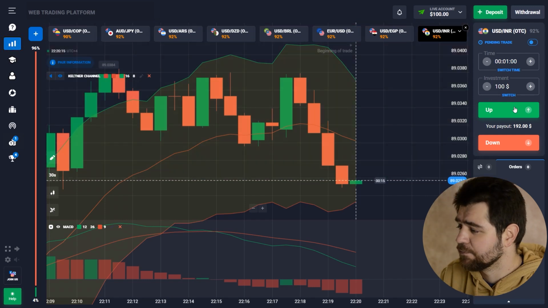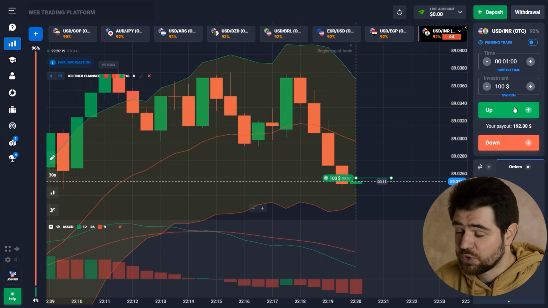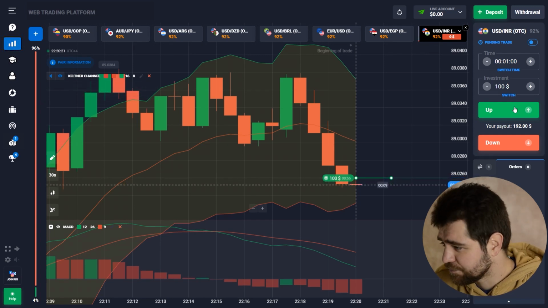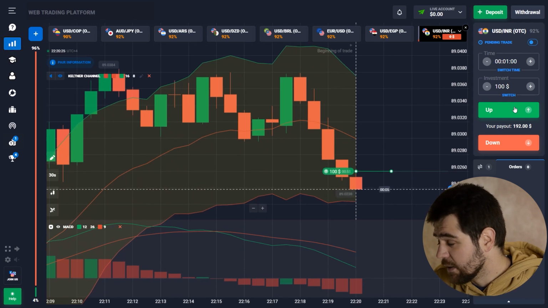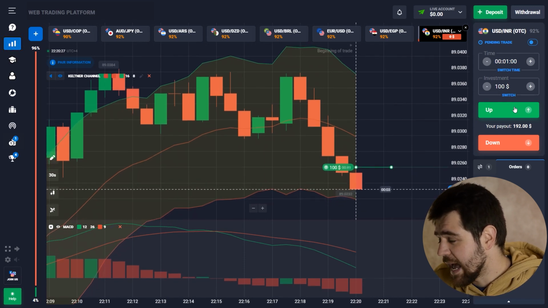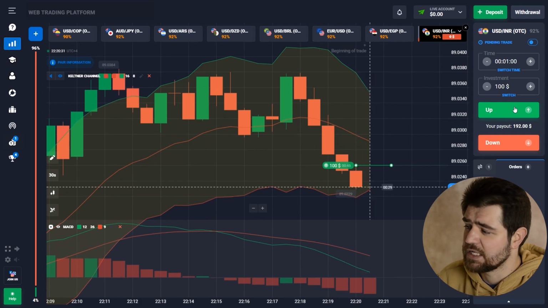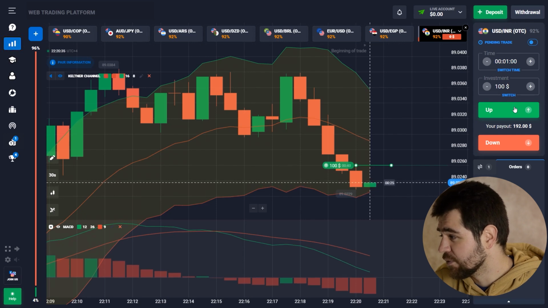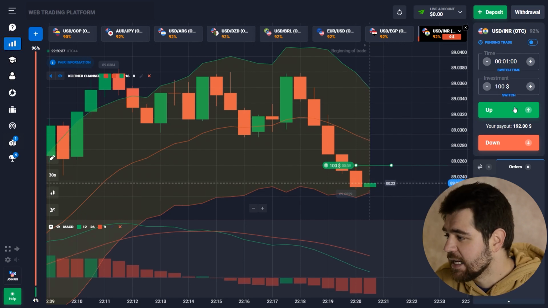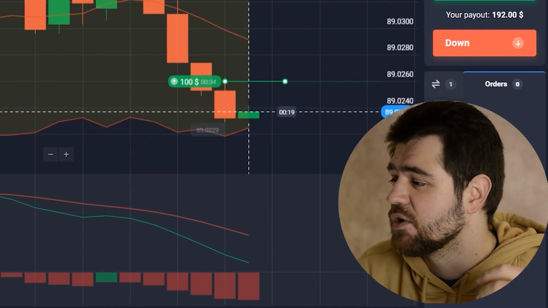So the bottom level, up to the call option, because the lower level may act a little bit as a support level. So the lower line from the Keltner channel basically, and this is what we expect from it to bounce off and rise in price.